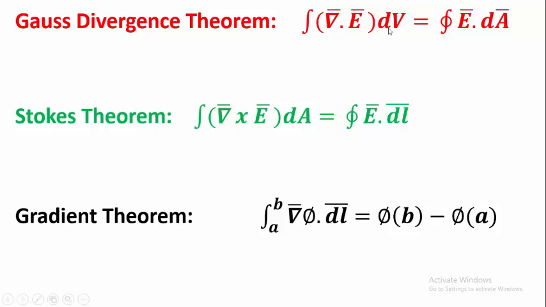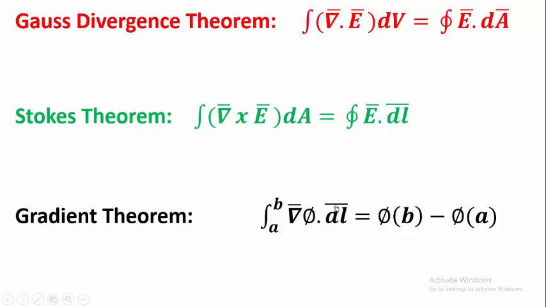And what is happening here? Volume integral relates with the area integral. So it is down by one dimension. Volume integral is 3-dimensional, area integral is 2-dimensional. So 3-dimensional integral is connected with the 2-dimensional integral. Here area integral on right hand side is a line integral. That means 2-dimensional integral is connected with 1-dimensional integral.